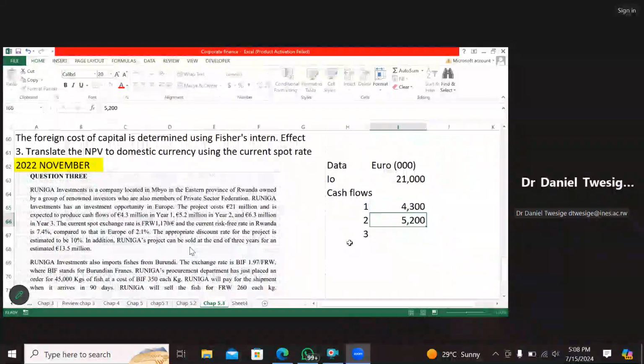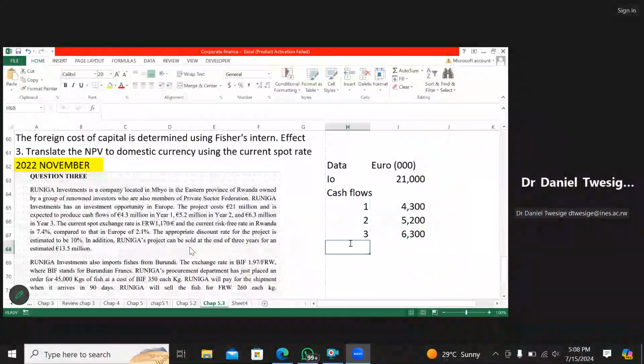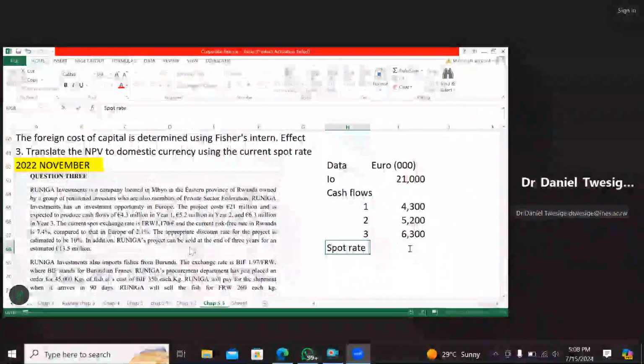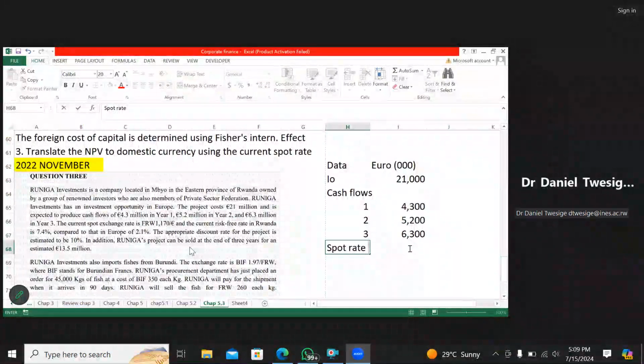Then the current spot rate: €1 is equal to 170 francs. That's the current spot rate.